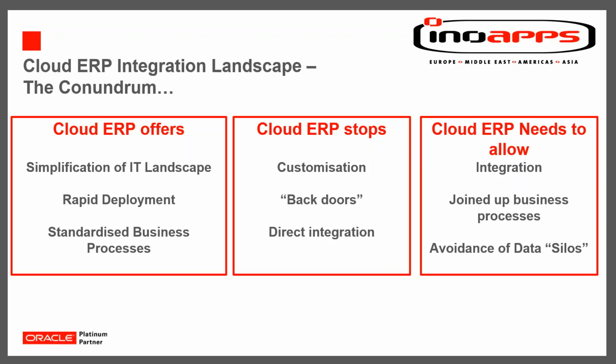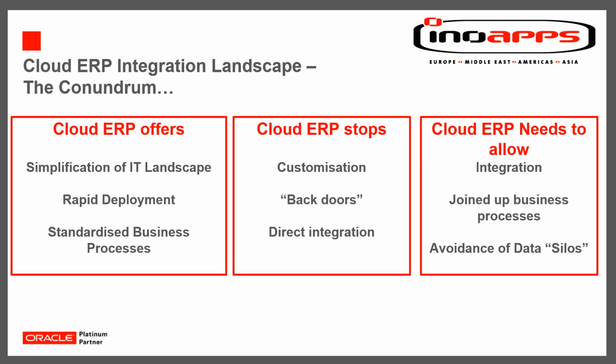Cloud ERP also stops the concept of some of these backdoors. Again, any organization familiar with e-business will understand that there was always a way of coming in through the back door, ideally through a supported route, which is of course the best recommendation. But all sorts of organizations have done all sorts of things to e-business behind the covers, which isn't really the recommended way of doing things, but can sometimes be a neat way to deliver direct integration.